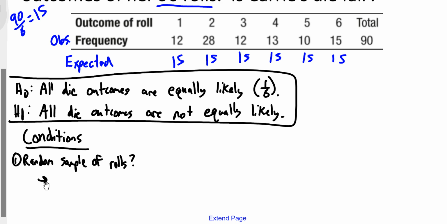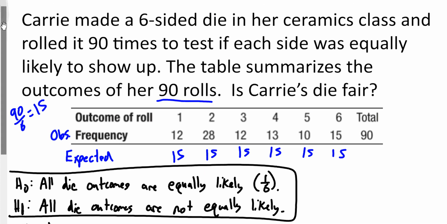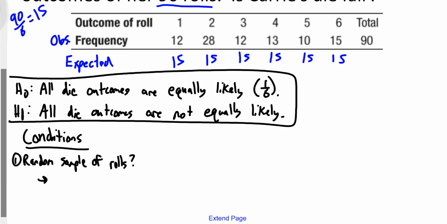Yes, I think it was stated. It doesn't say that, but you're just rolling dice. There's no way you could not have. We'll say it's implied, a random sample.